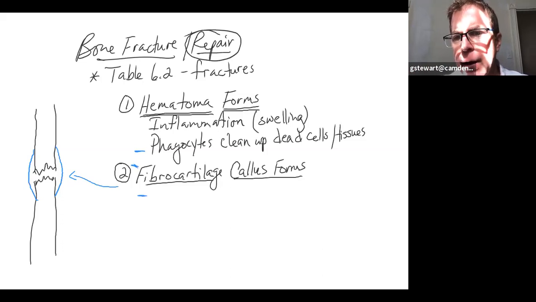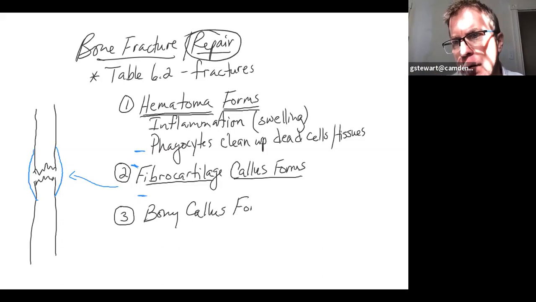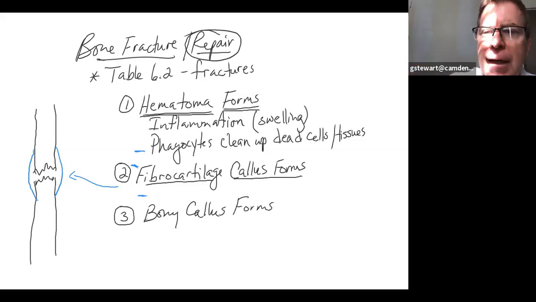and while the end of this is happening, we get the beginning of stage 3, which is termed a bony callus, and just takes over the spot of the fibrocartilage. So I'm just going to write bony callus forms. So this fibrocartilage bridge then gets replaced by actual ossification or bone tissue. What do we need for bone?